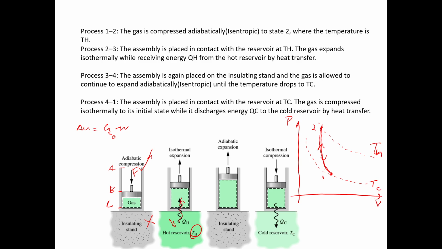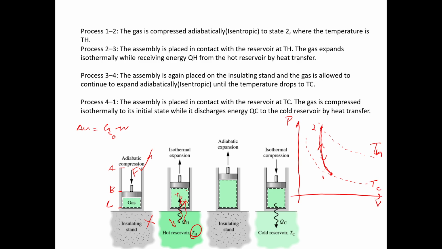Since there is a temperature difference, heat will flow into the gas in such a way that it will reach the temperature TH. That means this will expand, and at the same time heat will go in, but the temperature will remain at TH.